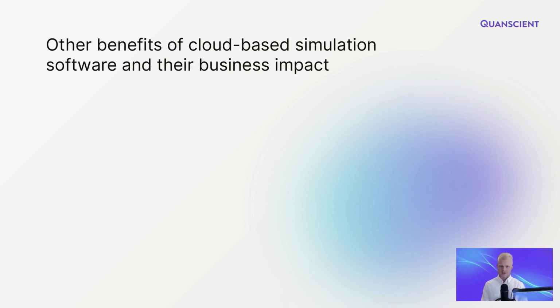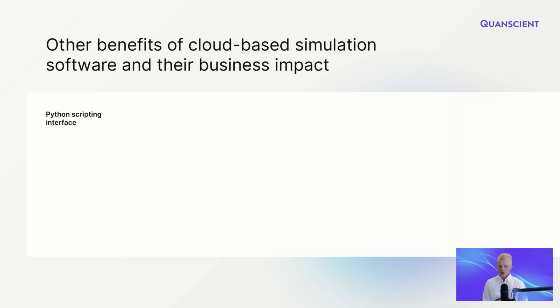specifically Quanscient also. So I'll start with the Python scripting interface, since that has been getting a lot of love from our customers. So basically what we have is a very easily accessible scripting interface with an automatically generated Python script defining the entire simulation setup.